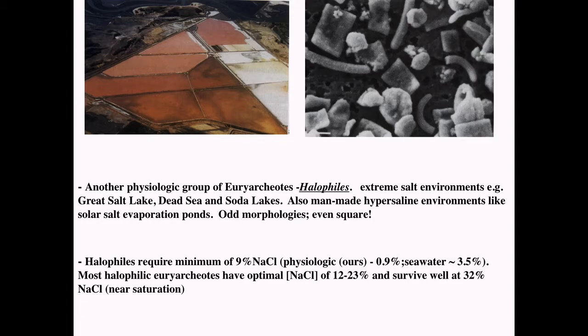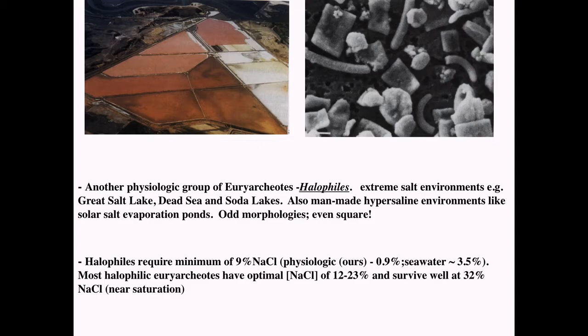In case 9% sodium chloride doesn't sound very salty to you, just for comparison, our plasma has 0.9% sodium chloride. So if you were making up a physiological saline solution in the laboratory, you would add 0.9 grams per 100 of sodium chloride. That wouldn't taste especially salty to you. Seawater is 3.5% sodium chloride.